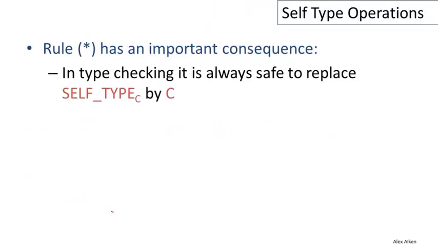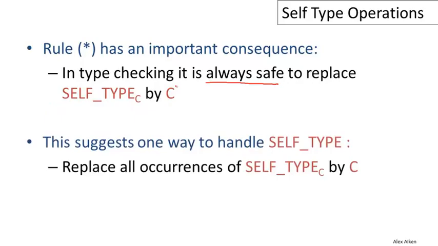Now that rule, that SELF_TYPE sub C is a subtype of the class C, has an important consequence. It means that when we're doing type checking with self-type, it is always safe to replace SELF_TYPE sub C by C. So it's okay to promote any SELF_TYPE sub C, which could be C or a subtype of C, to just say that it's C. That suggests one way to handle self-type, which is just to replace all the occurrences of SELF_TYPE sub C by C. Unfortunately, that turns out not to be very useful.